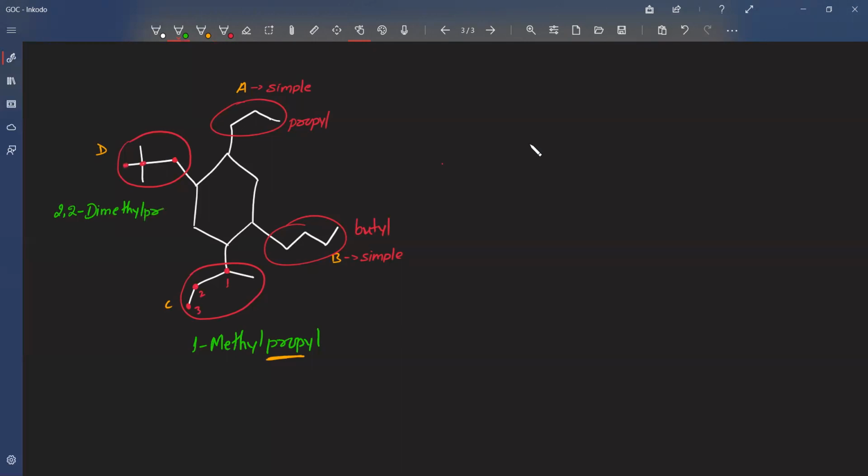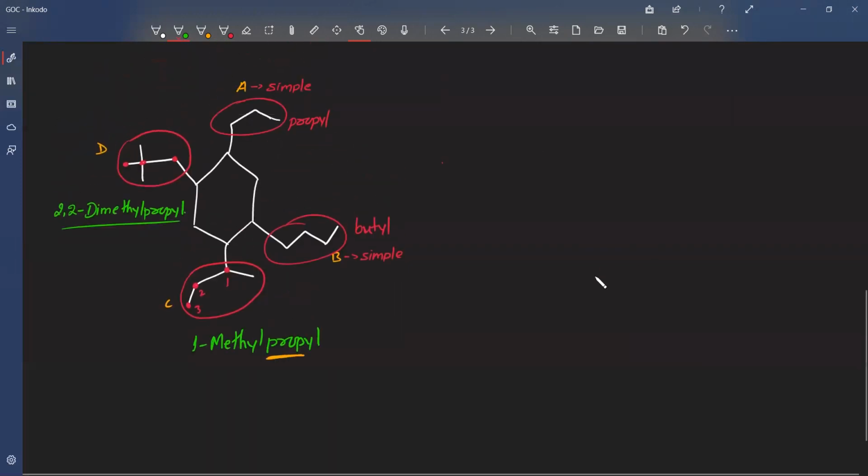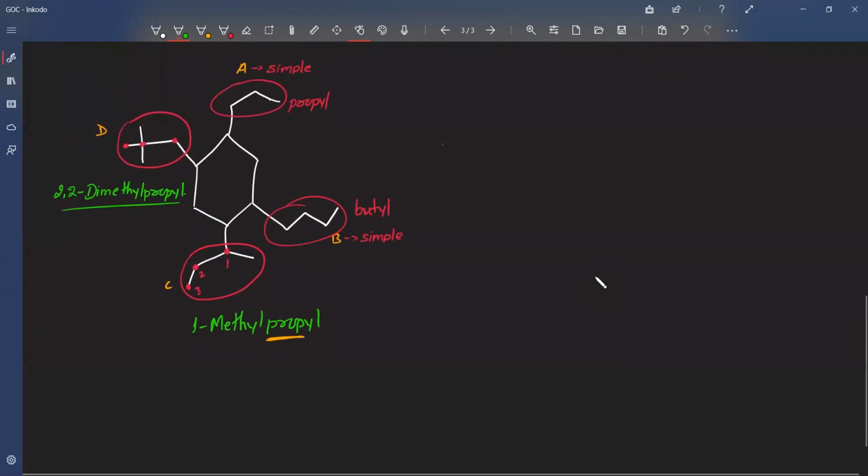So this is how you have to first identify. This was just a practice to identify simple and complex substituents and how to name them. Now, let me give you one more structure having such complex and simple substituents.